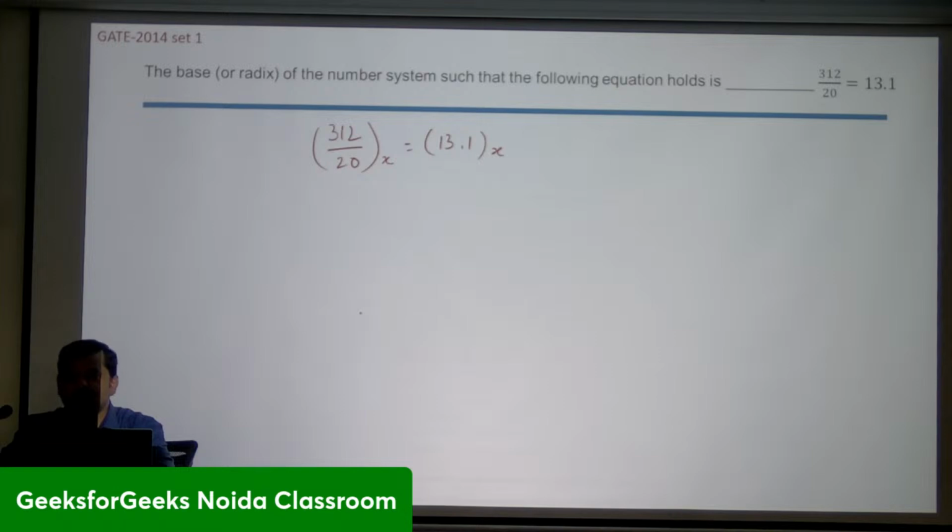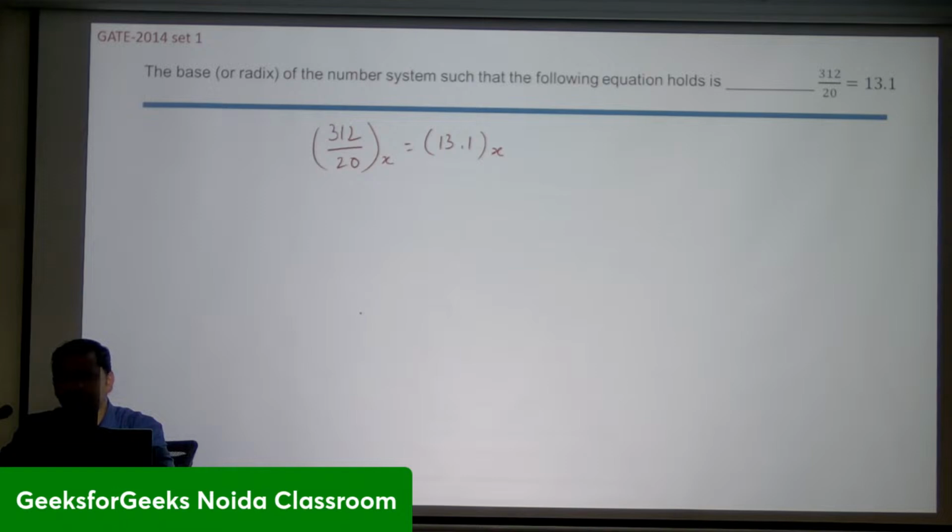See, we cannot simply divide or multiply it. If I want to simplify this equation, we cannot divide 312 by 20 because we don't know the base. We don't know how much remainder is permitted. So we cannot go for the division.